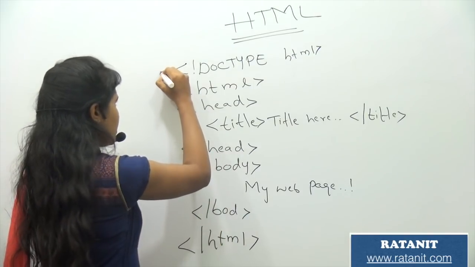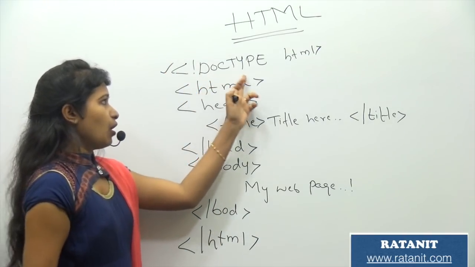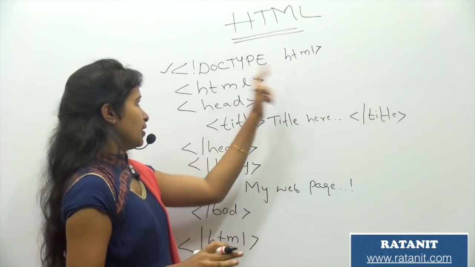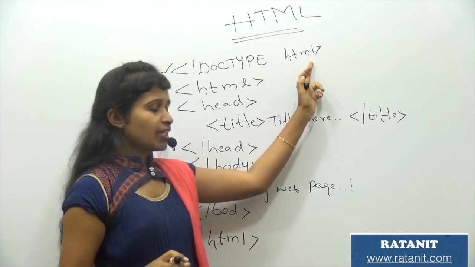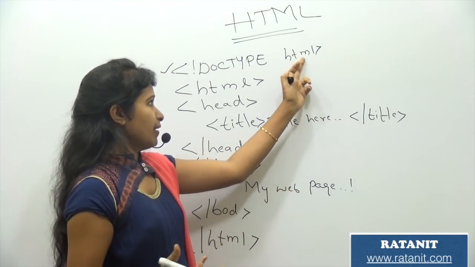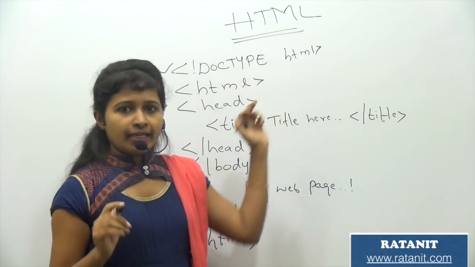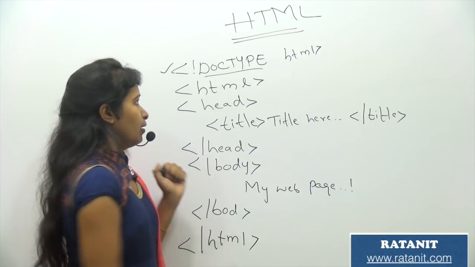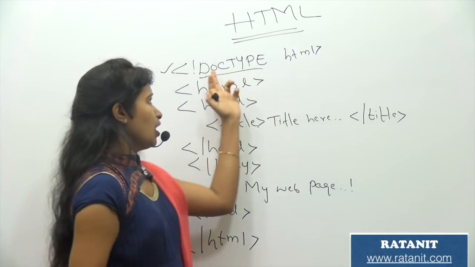Actually, the first one, if you observe, is doctype HTML. What this tag actually indicates is that my document type is HTML. I am indirectly telling the compiler that my page is HTML and it is the document. In HTML5 it has been signified in all caps.